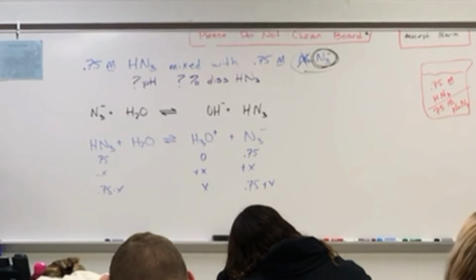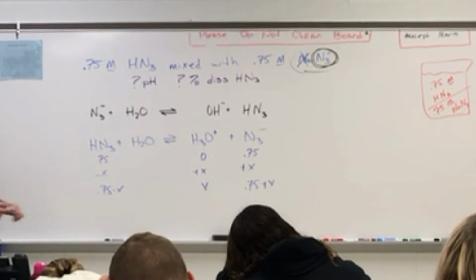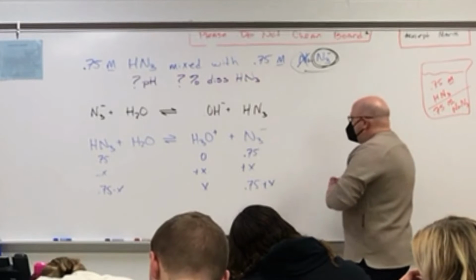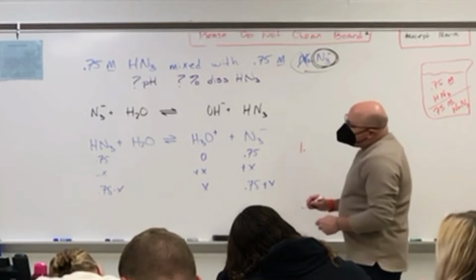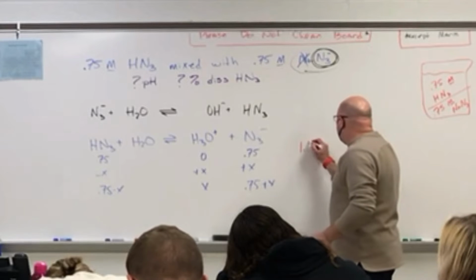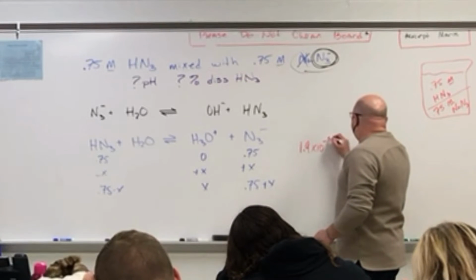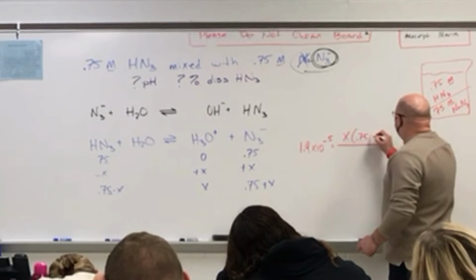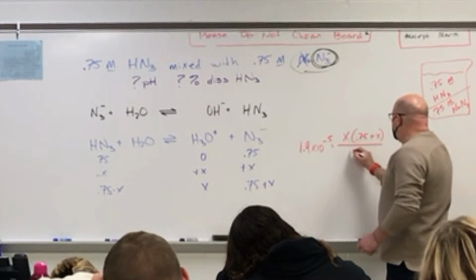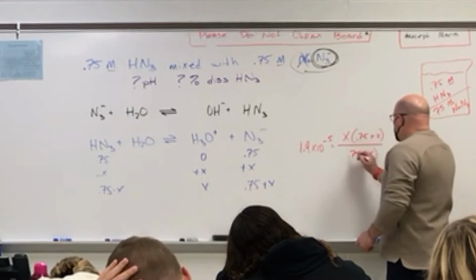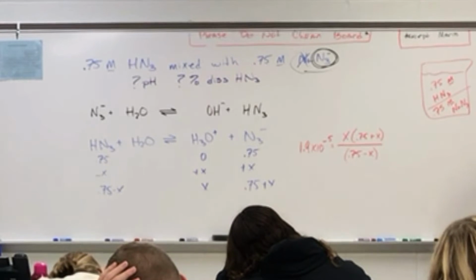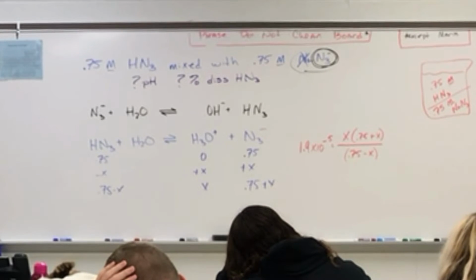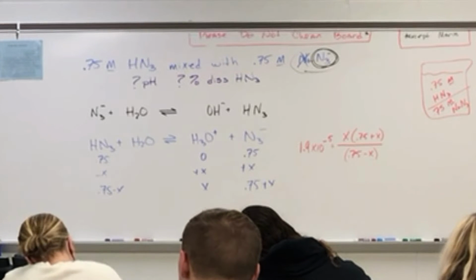So we plug in. So 1.9 times 10 to the negative fifth equals x times 0.75 plus x over 0.75 minus x. Joe? You said the minus and plus x's were too small to matter. Good.